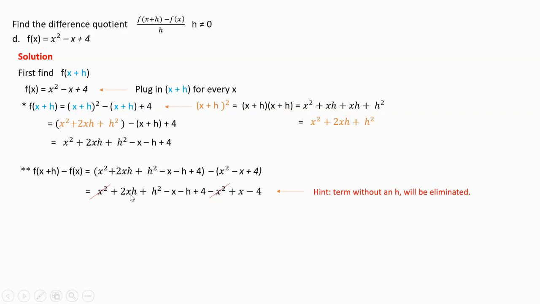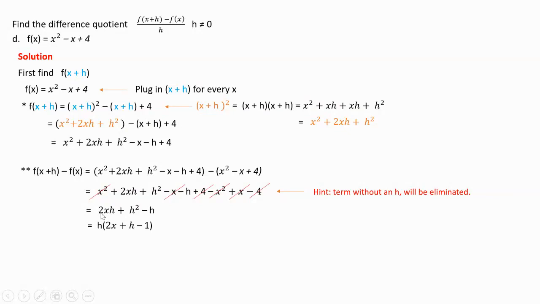The second term has an h, so that's going to stay. And also, the h squared has an h, it's going to stay, because there's no other like term that we can add or subtract. The negative x, we have a positive x over here on the right, so they'll cancel. The h, there's no h by itself, so the h stays, and the 4 will cancel because at the end we have a negative 4. So this is what's left.